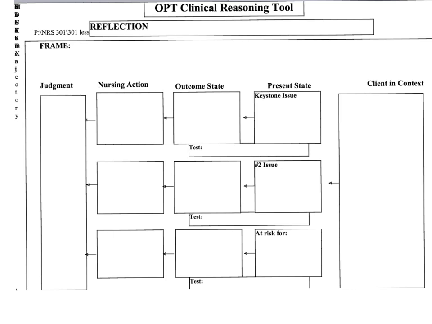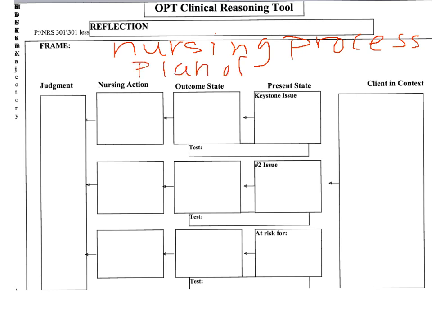But the reason why this visual tool exists, this piece of this framework in front of you exists, is to begin to teach you how the nursing process and the OPT process works. Now, you've already heard me use some language such as nursing process, okay? You will also hear other professors use language such as plan of care, all right?